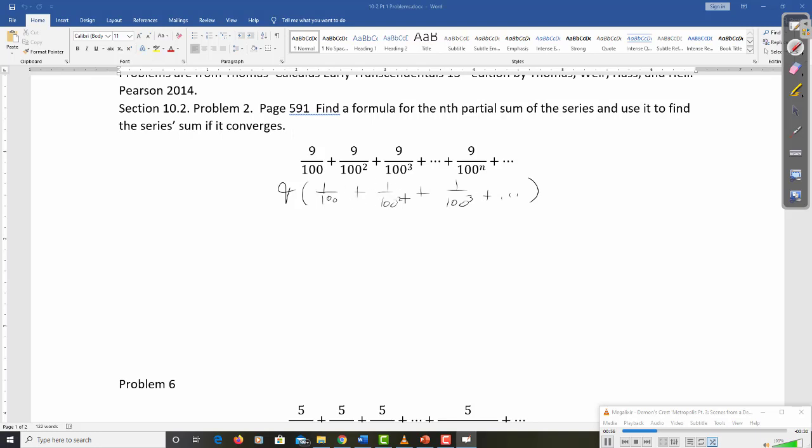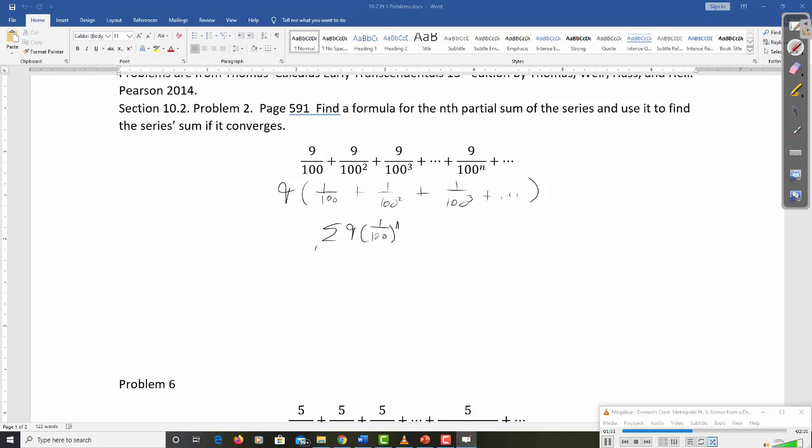You can tell then that's a geometric series, because each term is just getting raised up a power. Notice I'm just coming up with a formula for the series, I haven't talked about the sequence of partial sums yet. So this is the sum of 9 times 1 over 100 to the n, looks like.